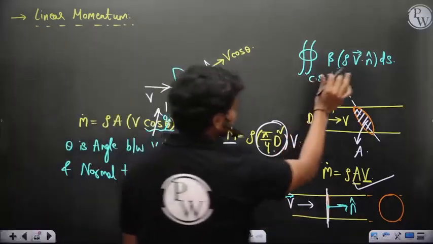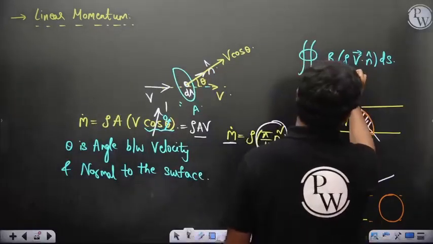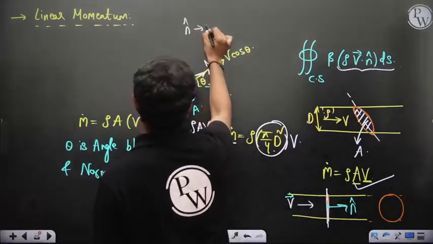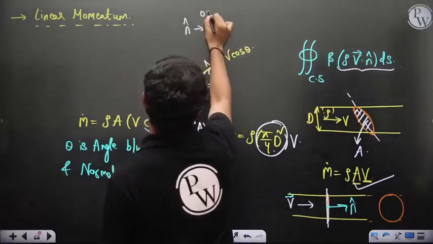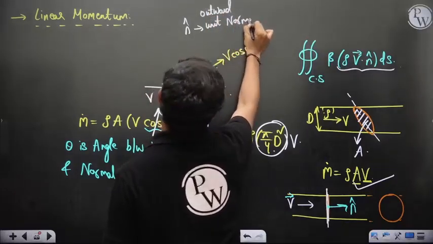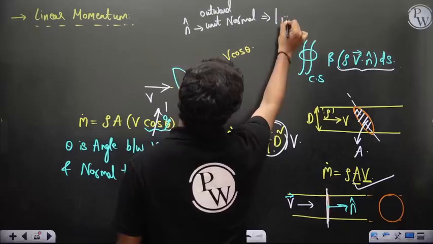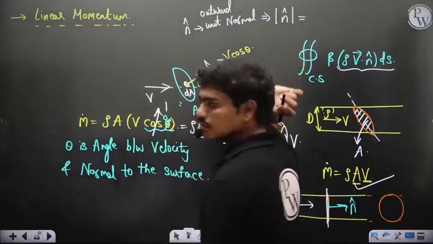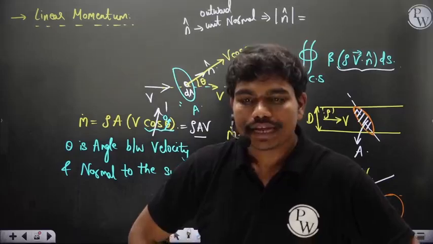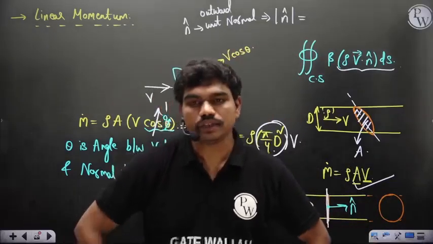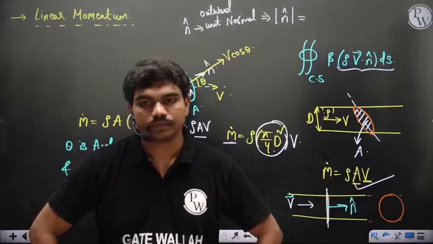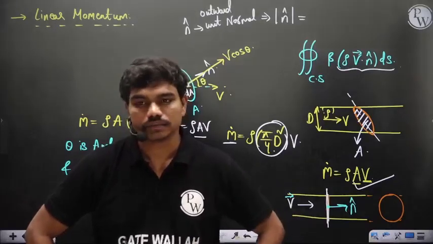Now in this expression observe something: n cap is a unit vector, the outward unit normal. So what will be the magnitude of n cap? Can anyone please type in the chat box? n cap is the unit outward normal, so the magnitude is 1. It's a unit vector.